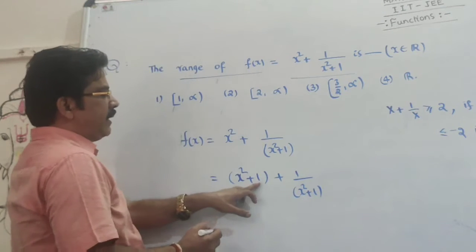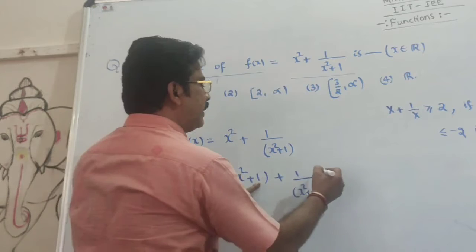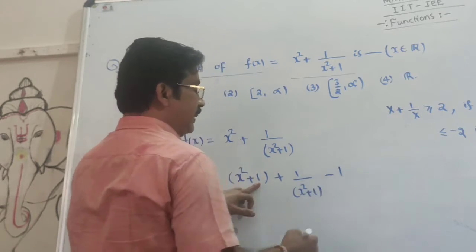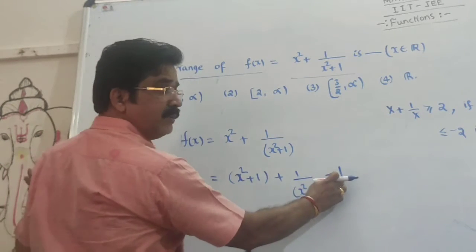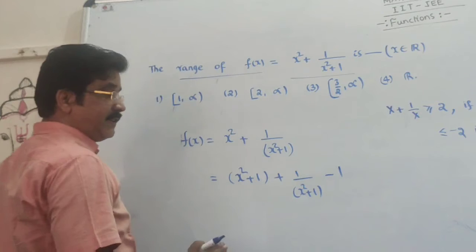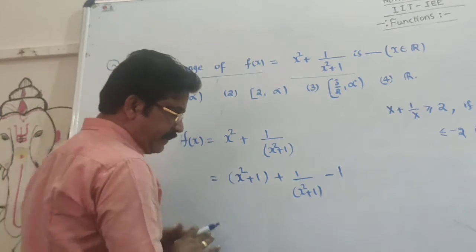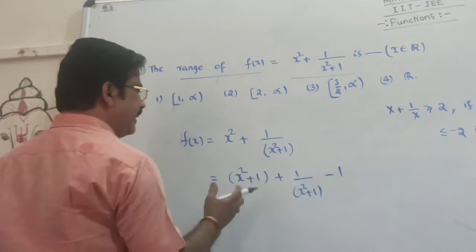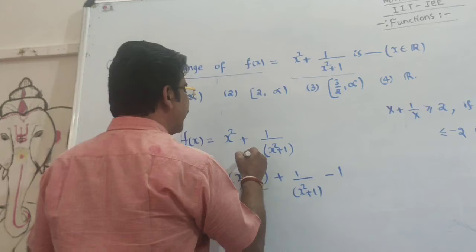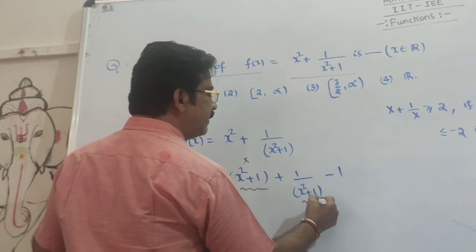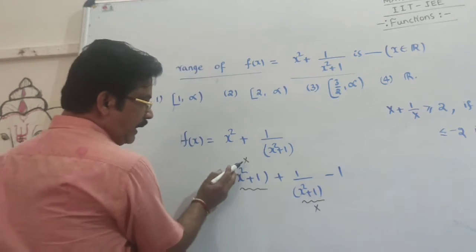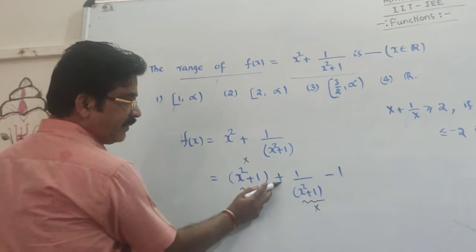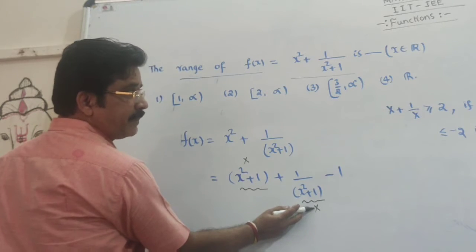Here 1 is added for x square, that's why minus 1. So plus 1 minus 1, there is no loss of generality. So let this x square be capital X. So it is in the form of X plus 1 divided by capital X.